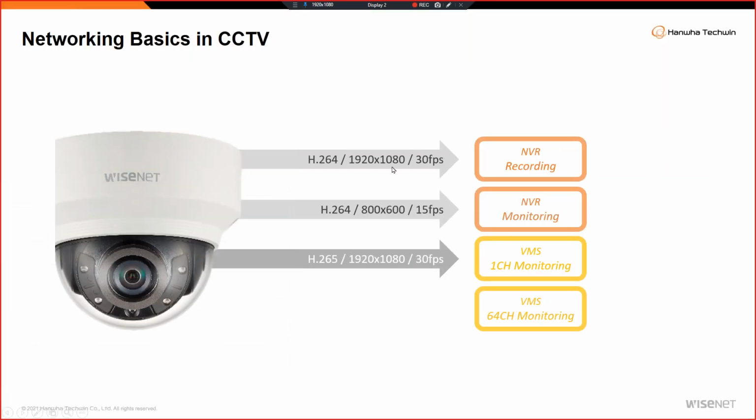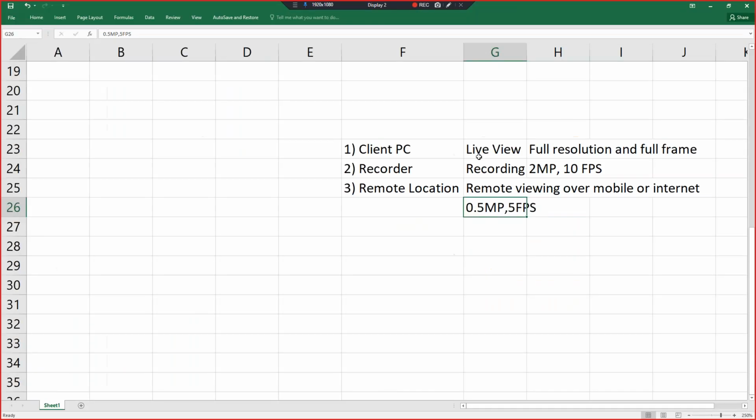So most good vendors know how the CCTV system works in a real environment. They know that the customer will use full resolution and frame rate for live view, and he will record full resolution but a reduced frame rate for recording. So most good vendors will give you at least two separate streams with the same resolution and different frame rate, and some vendors will give you three, some will give you more than that.